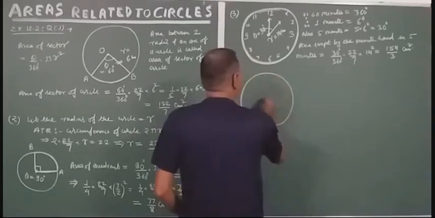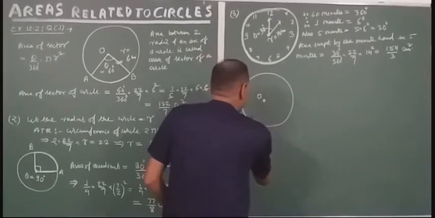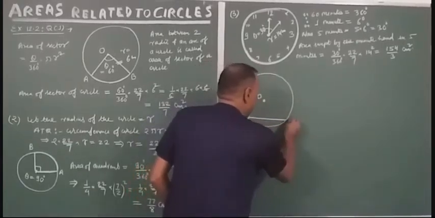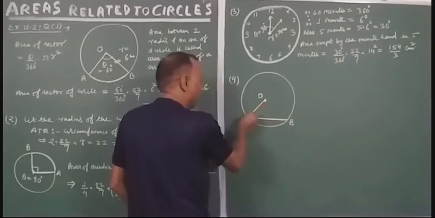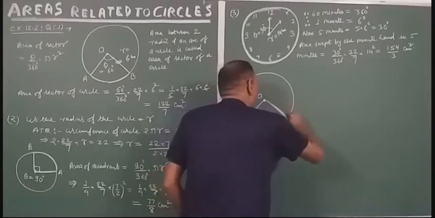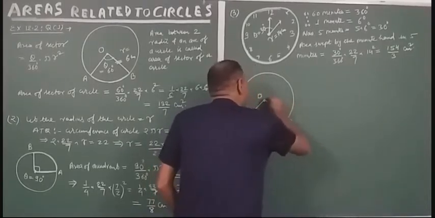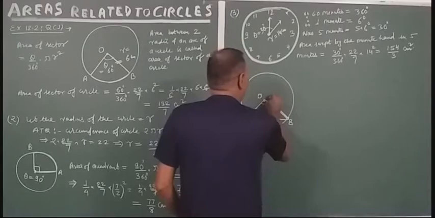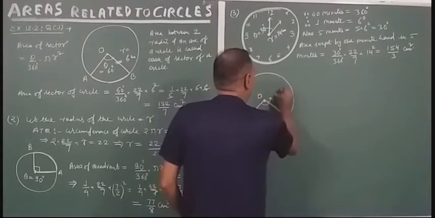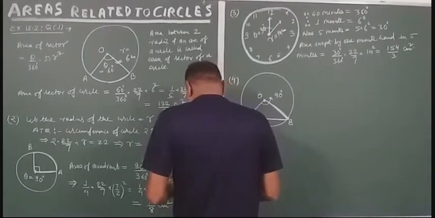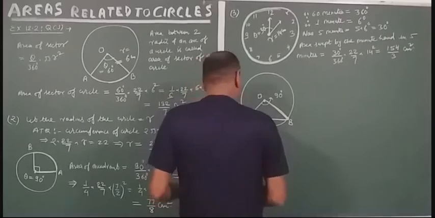This is the center O, and let this be the chord AB. This subtends a 90 degree angle at the center of the circle. This angle is how much? 90 degree. Question is this: find the area of the corresponding minor segment and major segment.